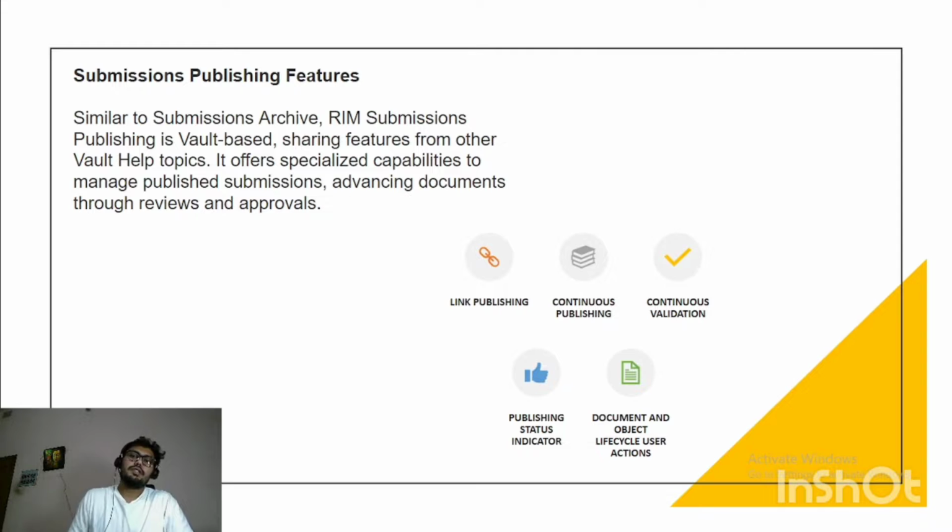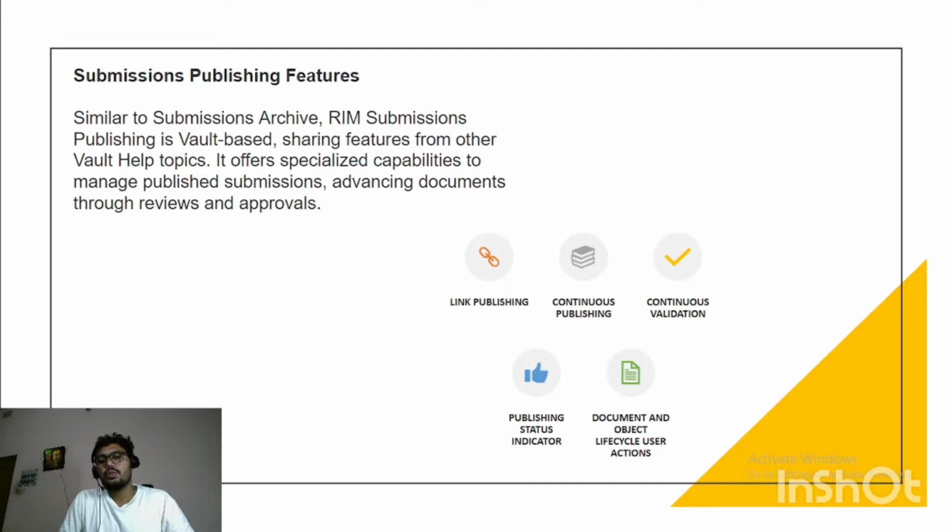So in the submission publishing feature, there are four or five features we have in submission. One is link publishing, another is continuous publishing, continuous validation, publishing status indicator, document and object lifecycle user action.